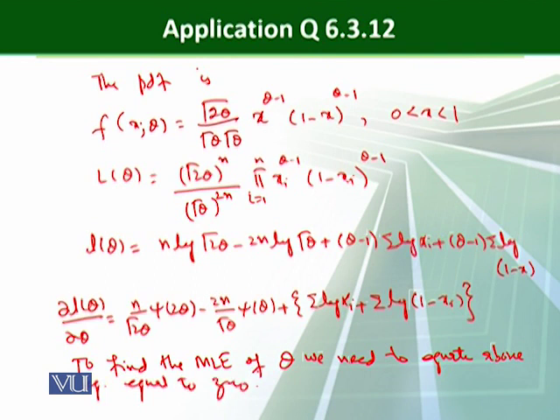Now we can see that even if we equate it to 0, we are not in a position to find the theoretical value of theta. Only a numerical solution is possible by using some iterative method, because this is a non-linear equation and it contains the digamma function, so we cannot find the exact theoretical value of theta. Yes, using a numerical iterative method we can find some value of theta.